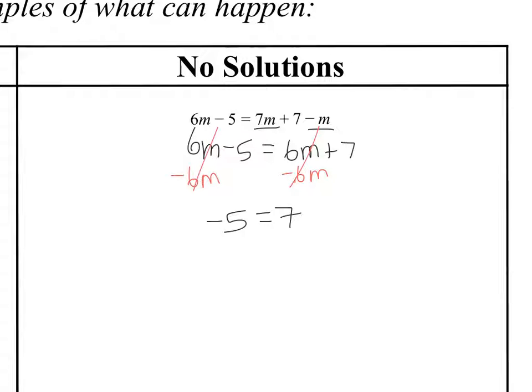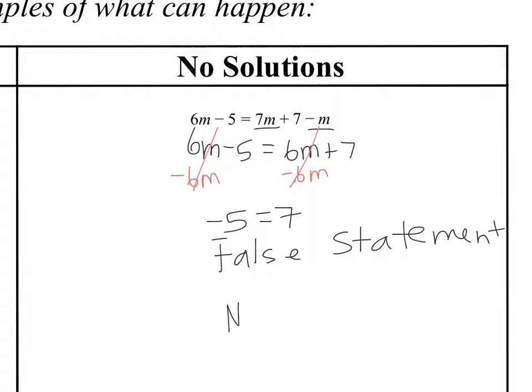So in this case, this is a false statement, so the other one was a true statement. This is a false statement and the variable dropped out. So this means that there is no solution. There's no number that you could put in for m such that the left hand side will be equal to the right hand side.